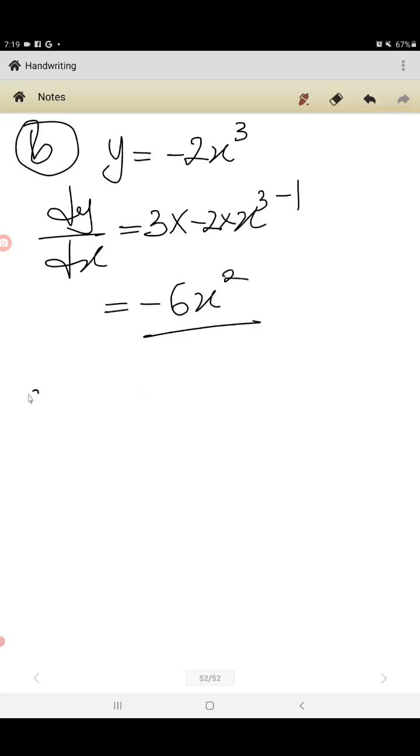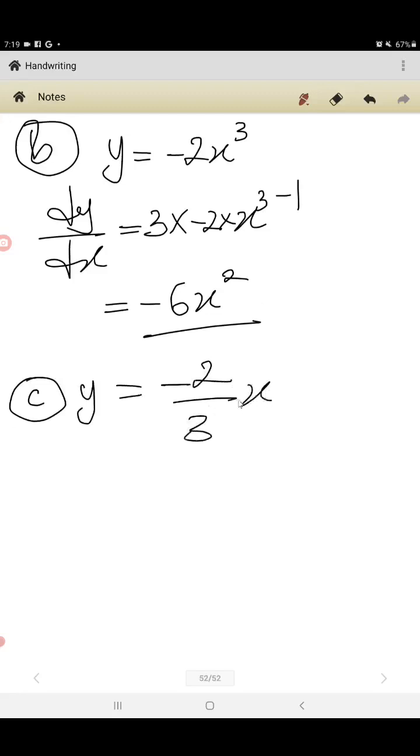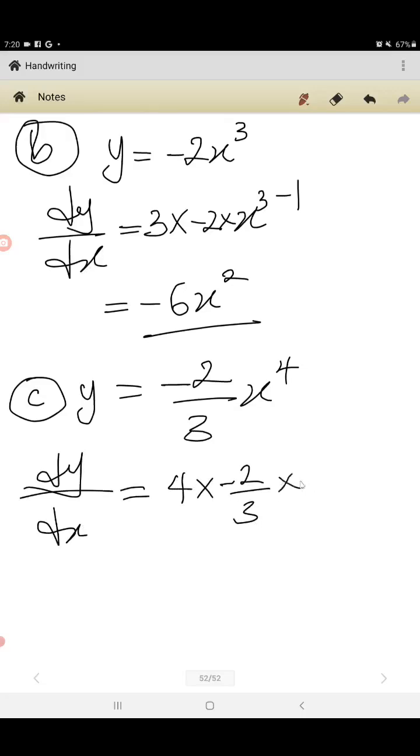So let's also solve for c, which we have y is equal to minus 2 over 3 x raised to power 4. So here, what you do is dy over dx will be 4 times minus 2 over 3 times x raised to power 4 minus 1.